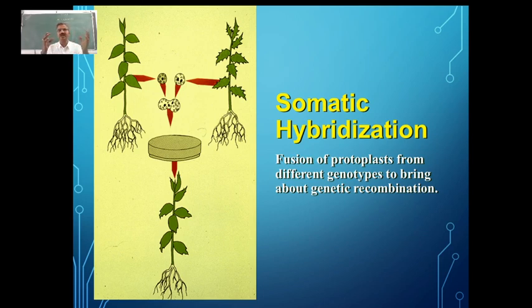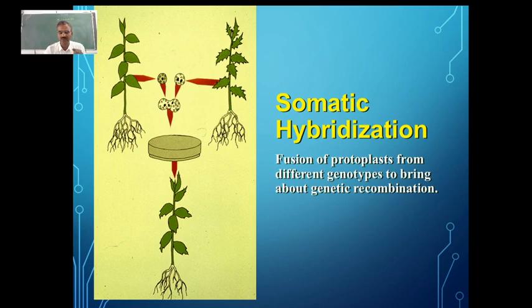Now another method is there, where we have two different plants which belong to two different species. We try to bring both the characters together so that we have some advantage. For example, tomato is having juice, potato is having a very good shelf period. Tomato has very less shelf life, potato is not juicy. We want to have both here.